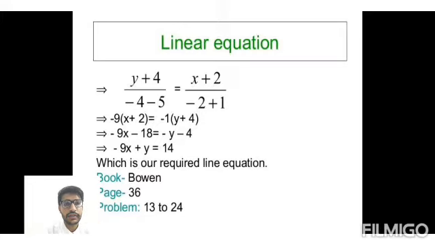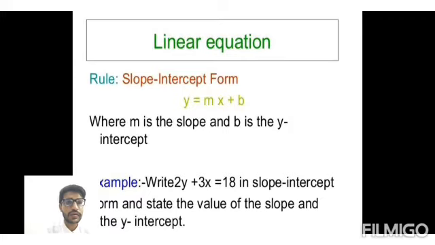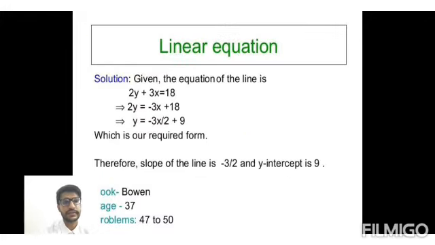Book, page 30, problem 13. Linear equation, slope intercept form: y is equal to mx plus b, where m is the slope and b is the y-intercept.